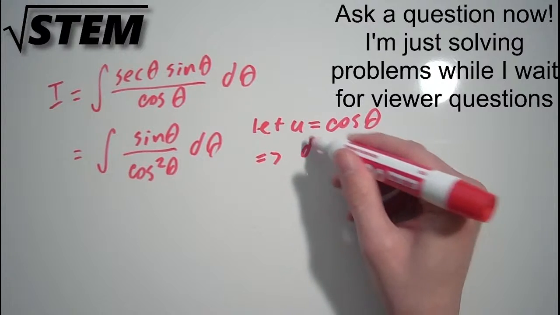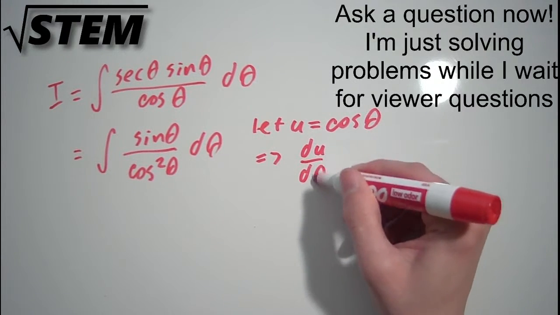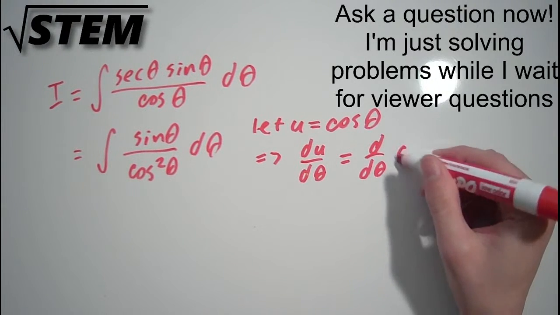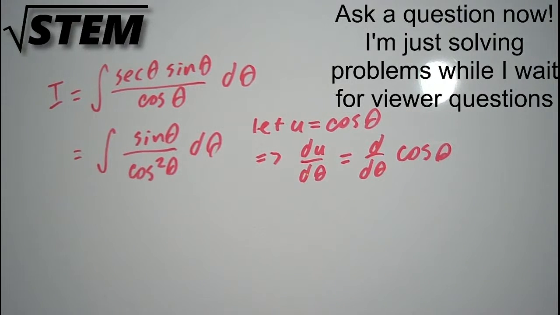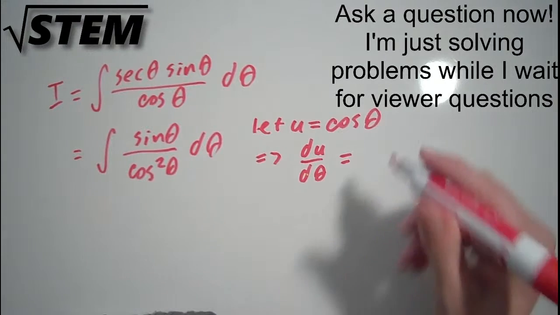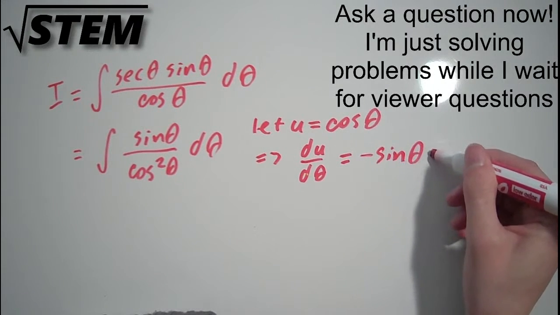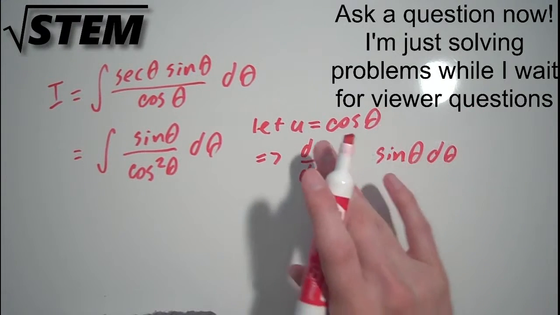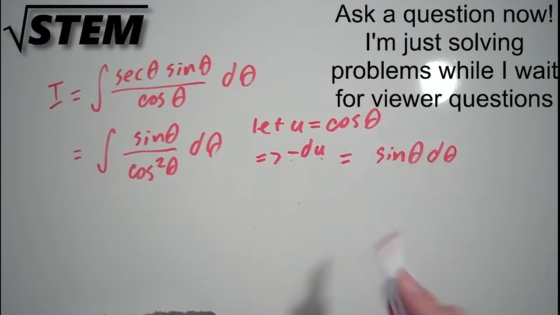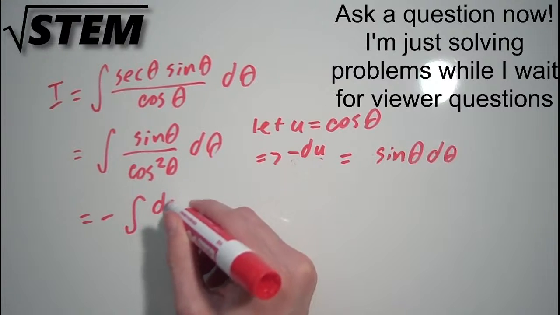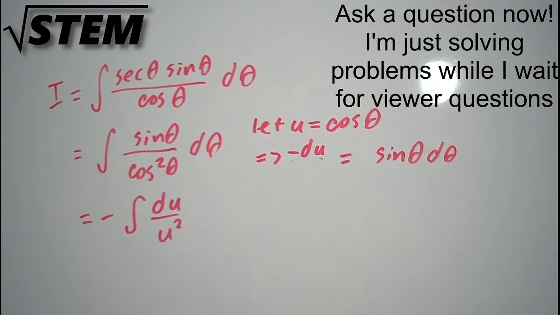Because then the derivative of u with respect to theta will be d theta of cosine, and the derivative of cosine is negative sine. Then we'll bring the d theta over here, and we'll bring the negative to the other side. So that should give us negative the integral of du over u squared.